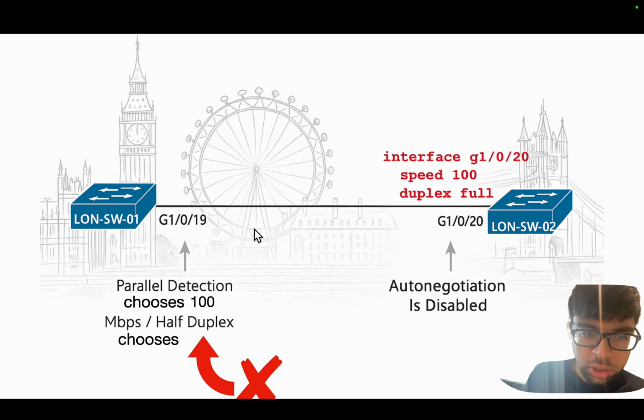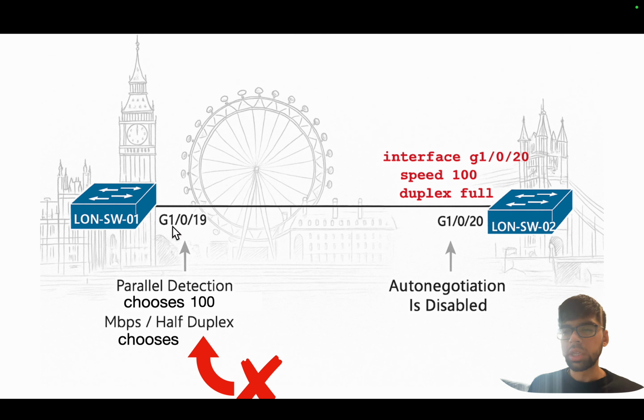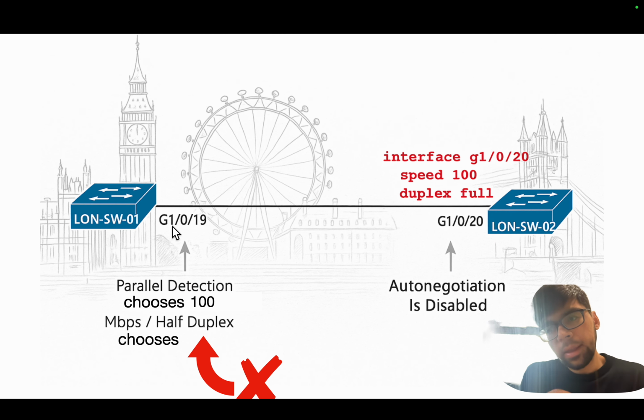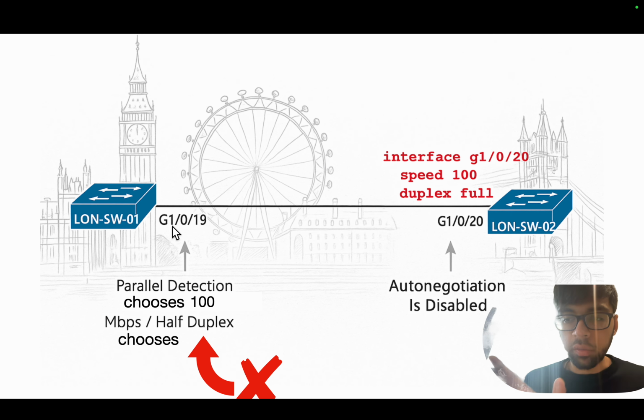This switch is using auto negotiation, this one doesn't. So the London switch is doing its thing and thinking, okay, I think it's using 100 meg per second, and 100 meg per second means half duplex. Okay, it's done that.